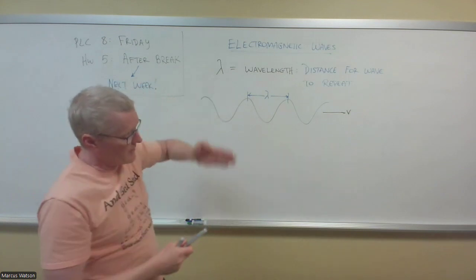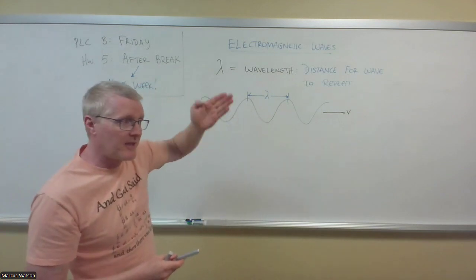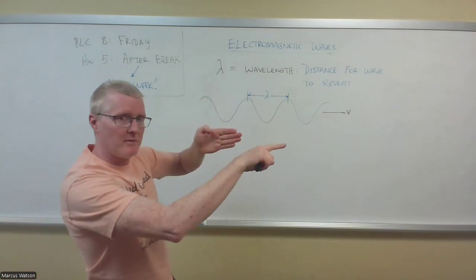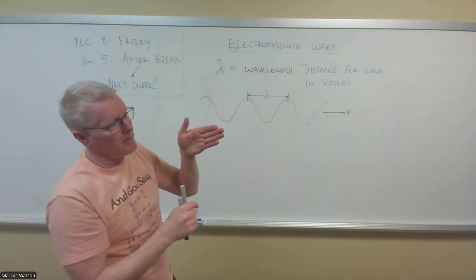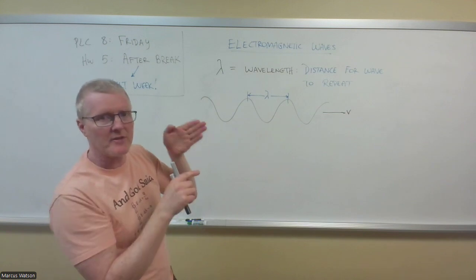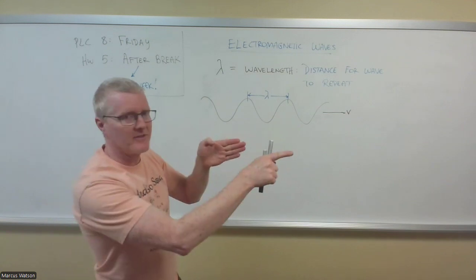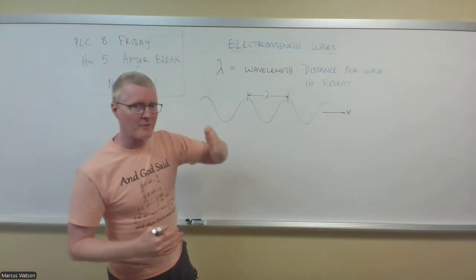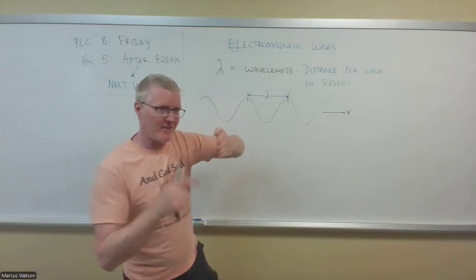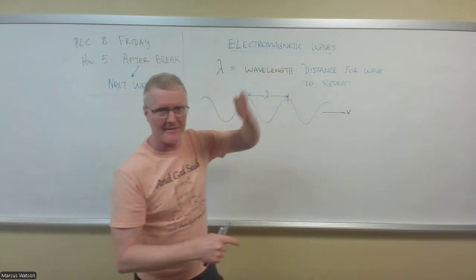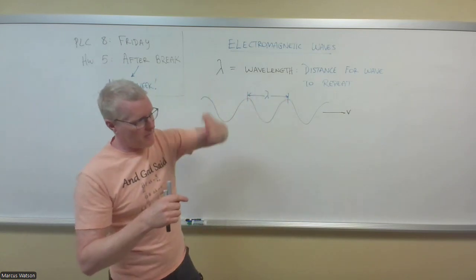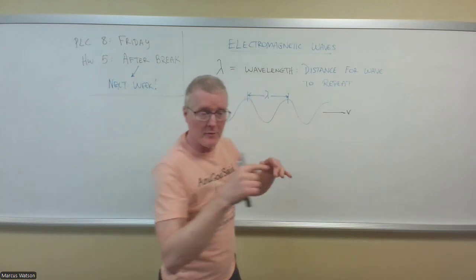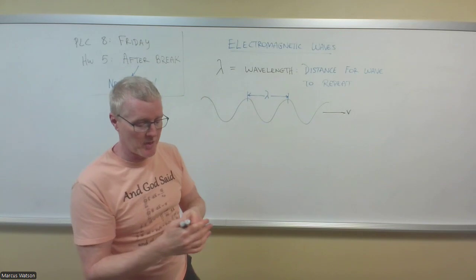Its oscillation is in a plane perpendicular to its travel. You might say that's not true because you've got your hands this way and the v's that way. Well, let me put it this way then. If you think about the wave fronts, they're going to be going like this as they move that way. The vibration of the wave is up and down as the wave travels this way, and therefore that's called a transverse wave.